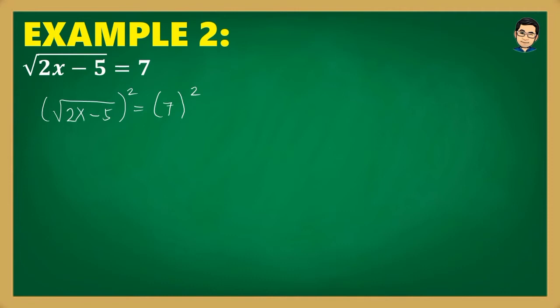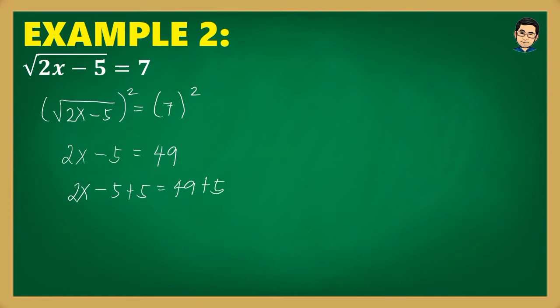When we raise it, the result is 2x minus 5. And then 7 squared, or 7 times 7, is 49. Applying the addition property of equality, we add 5 to both sides of the equation. So 2x minus 5 plus 5 is equal to 49 plus 5.